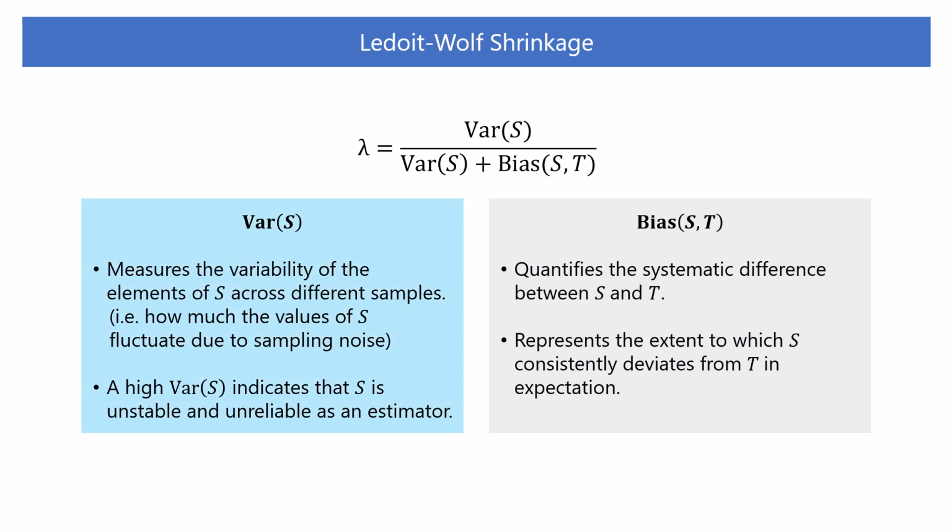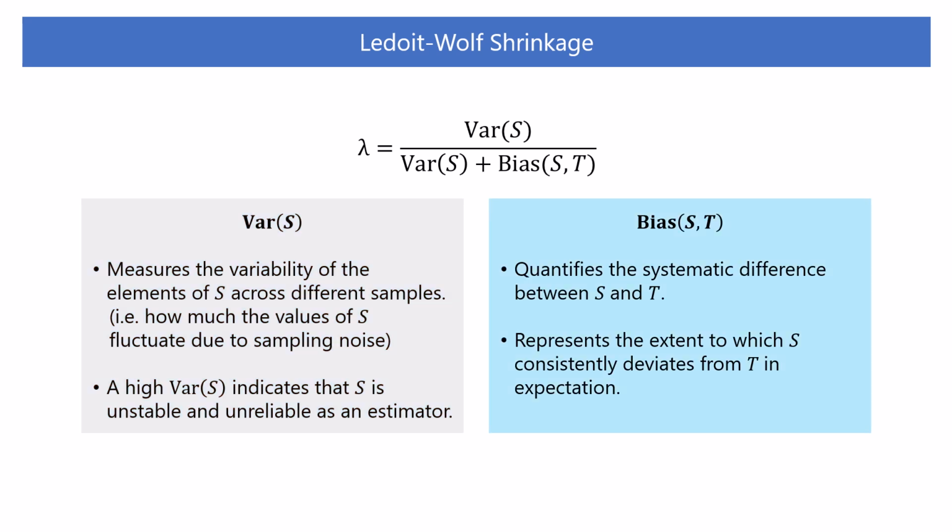Var S measures the variability of the elements of the sample covariance matrix across different samples. In other words, it quantifies how much the values of the sample covariance matrix fluctuate due to sampling noise. A high variance indicates that the sample covariance matrix is unstable and unreliable as an estimator for the true covariance matrix.